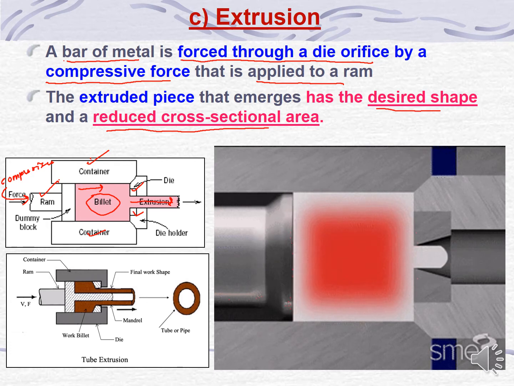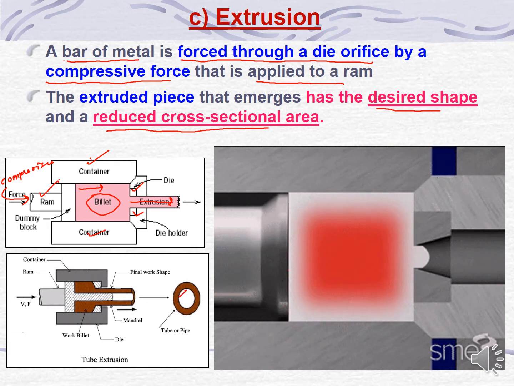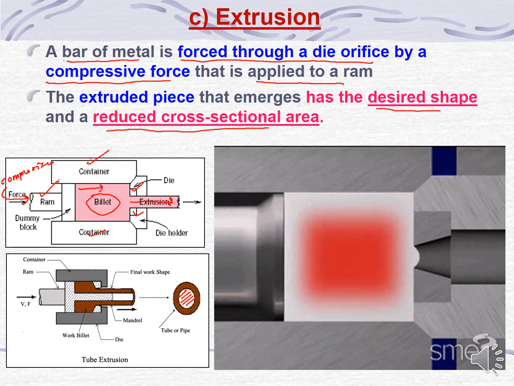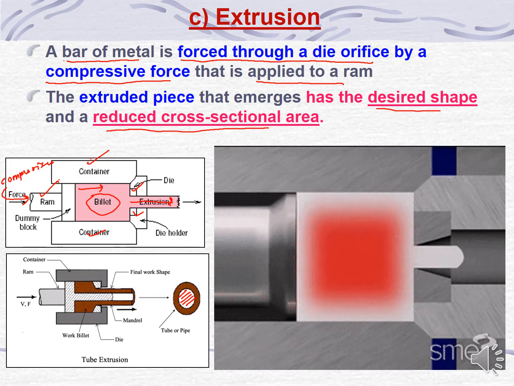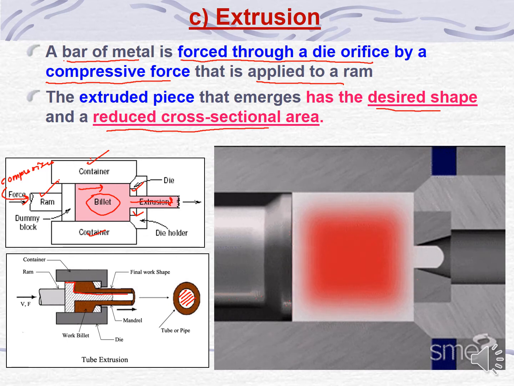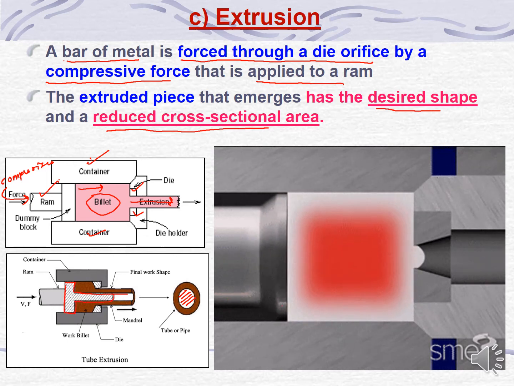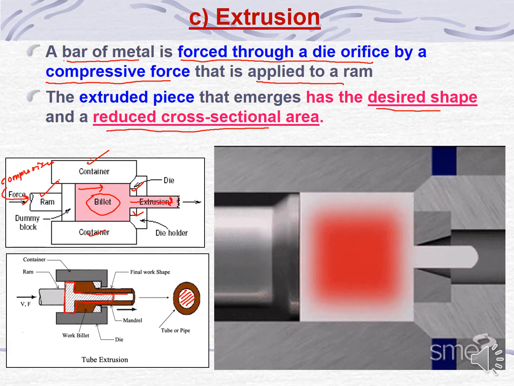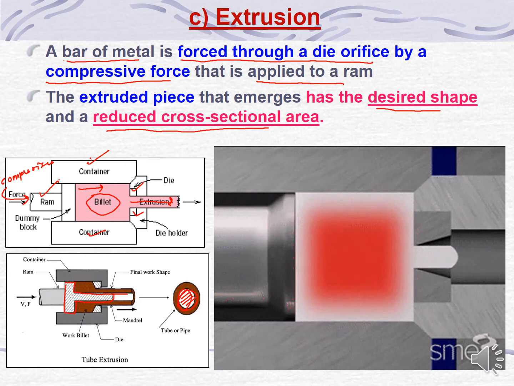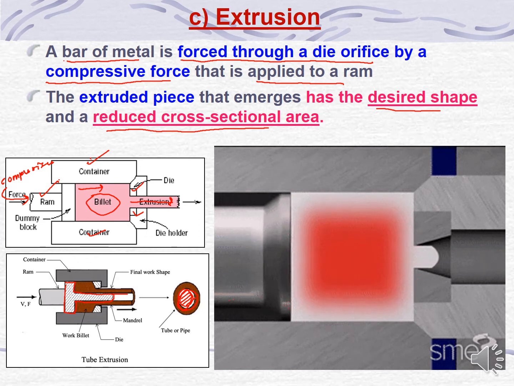For a product which has a hollow shape, for example a pipe, this mandrel, this ram needs to have this kind of shape so that it will produce a hollow area or hollow shape in the final product.